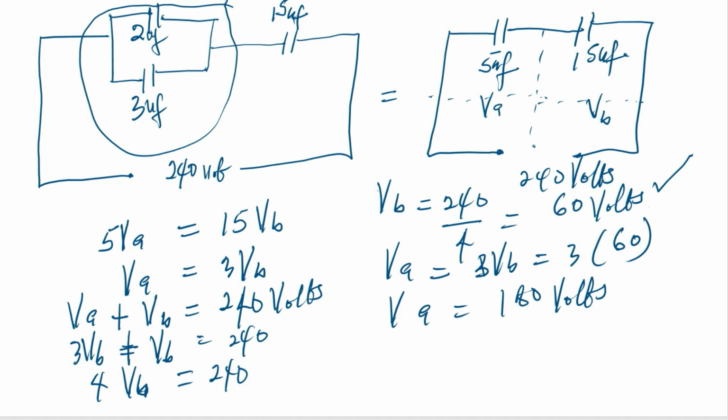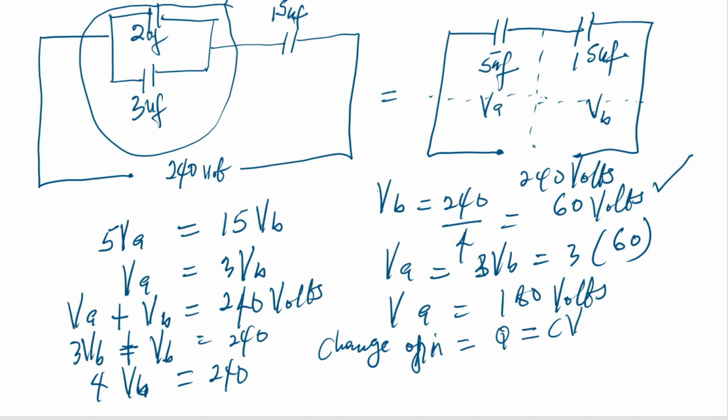Let's find the charge on the 15 microfarad first, because we got the voltage for VB first. The charge on the 15 will come from Q equals CV.